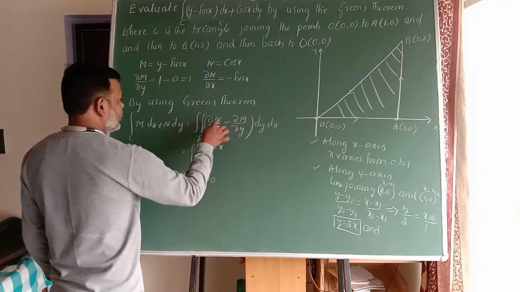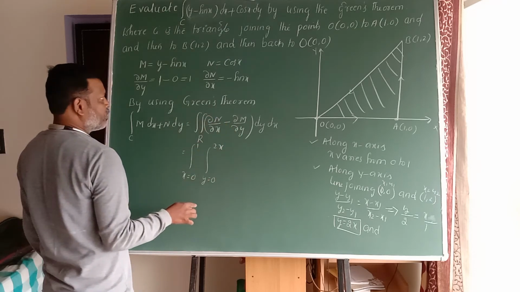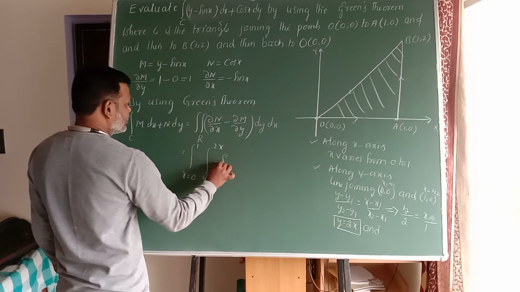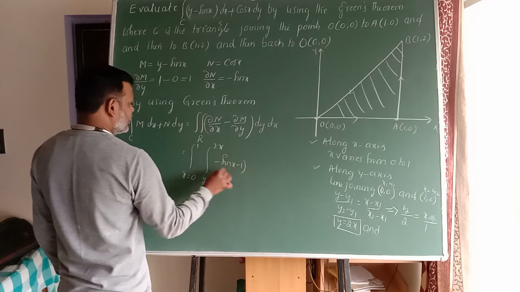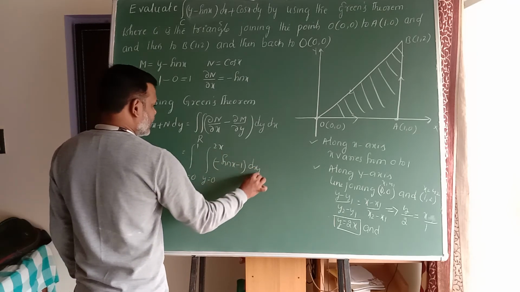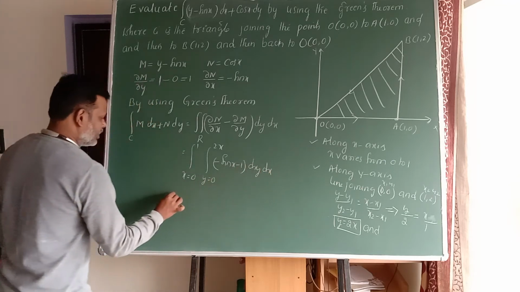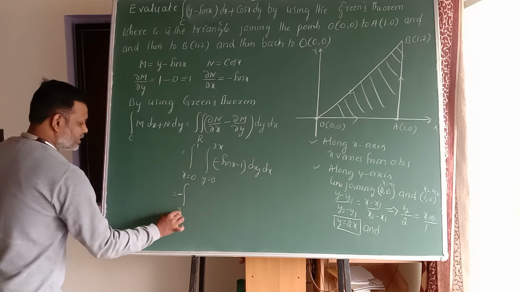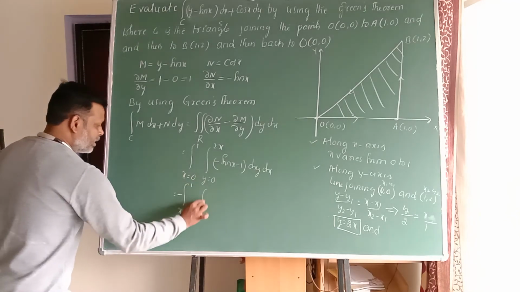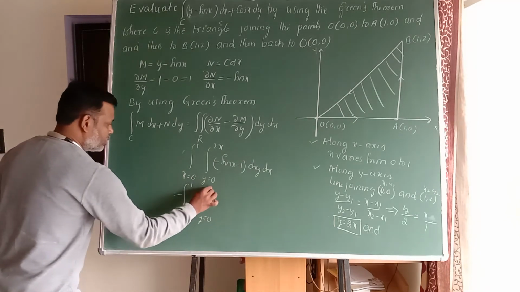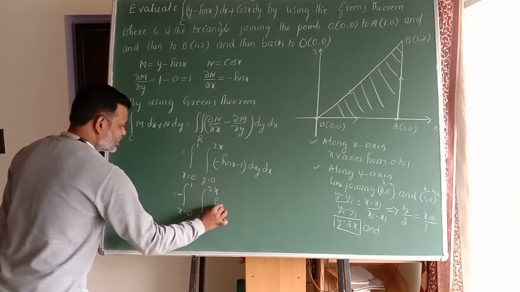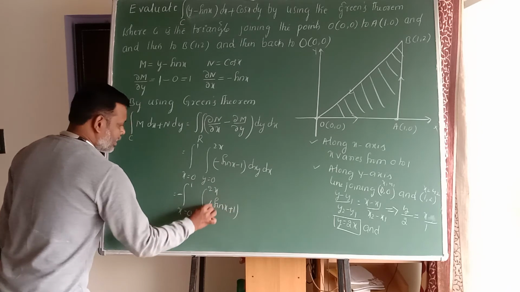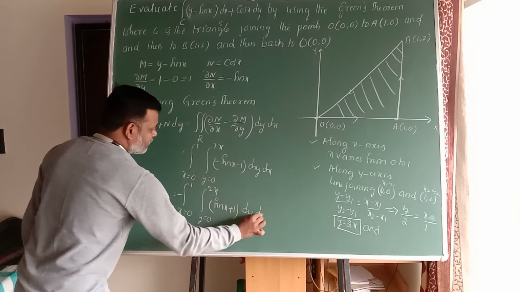We can write this one, dou N by dou x minus dou M by dou y, that is equal to minus sin x minus 1 into dy dx. If you take minus outside from the integral, x is equal to 0 to 1 and y is equal to 0 to 2x, you will get sin x plus 1 into dy dx.